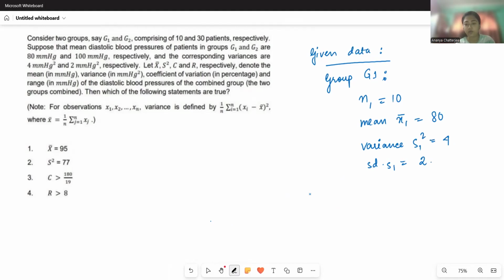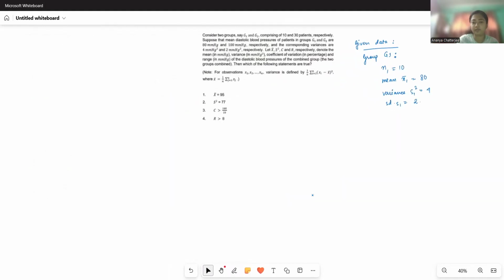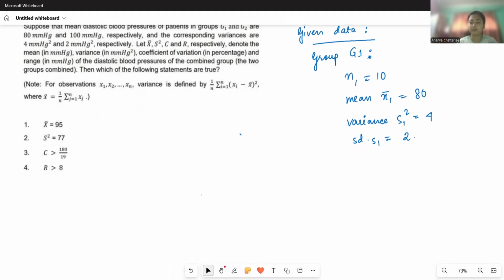Now talking about group 2, G2. N2 is given as 30. The mean x2 bar is given as 100.